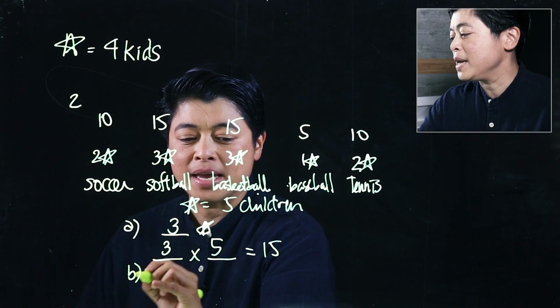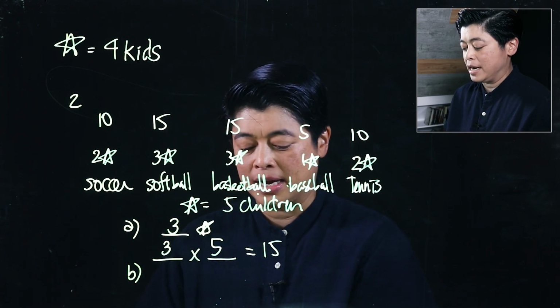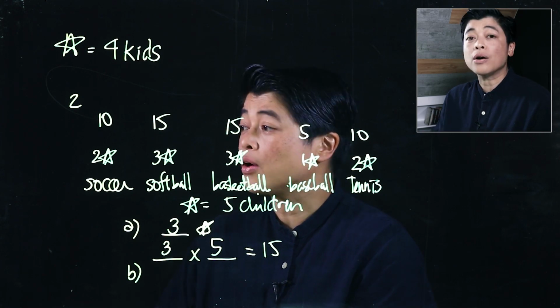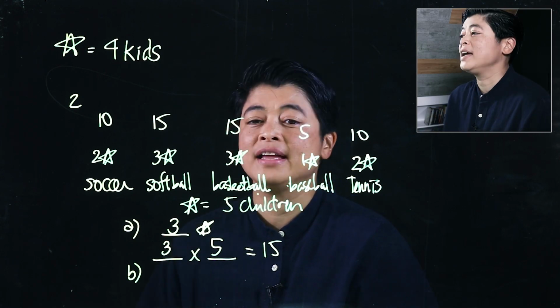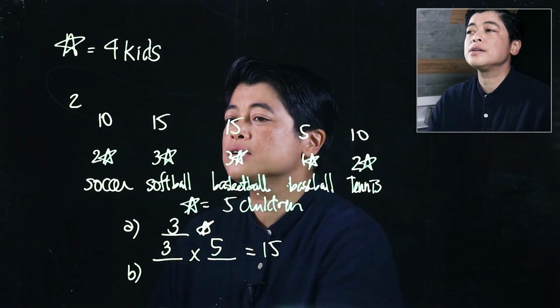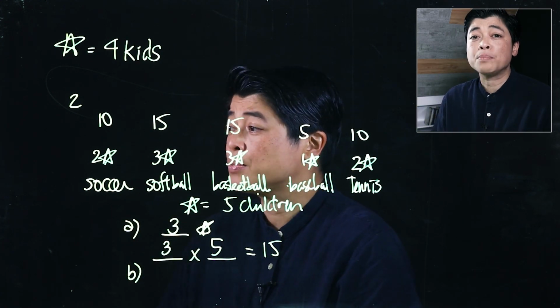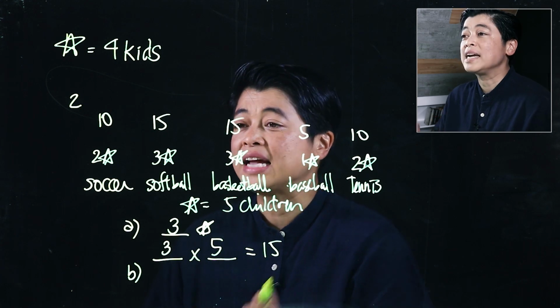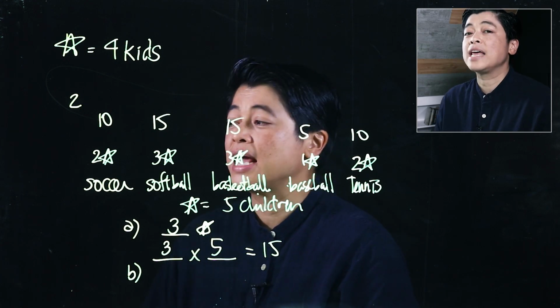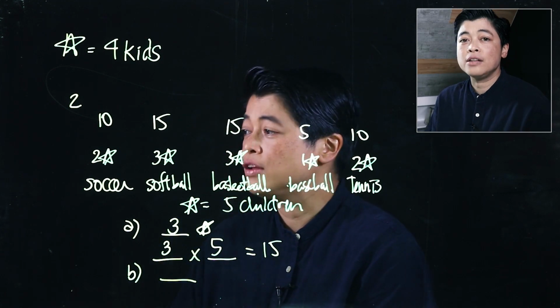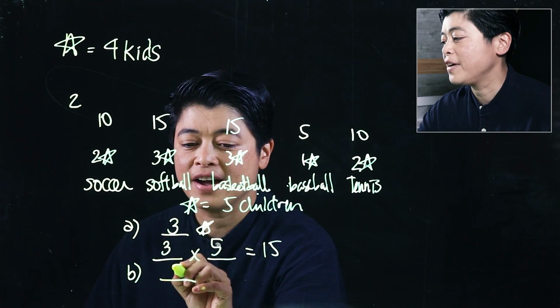In letter B, it says, how many children like softball and soccer all together? We already have those figures, but again, the problem will give the kids guides. It says there are blank stars for softball and soccer. That's 5.